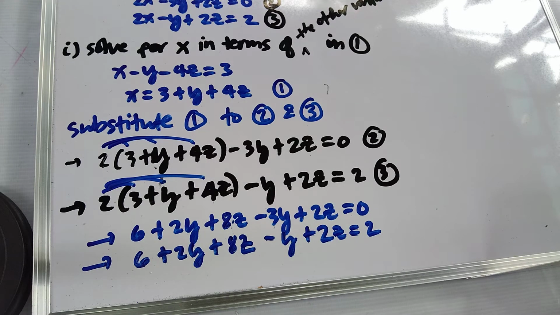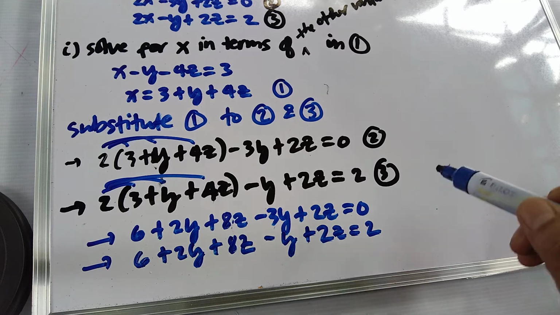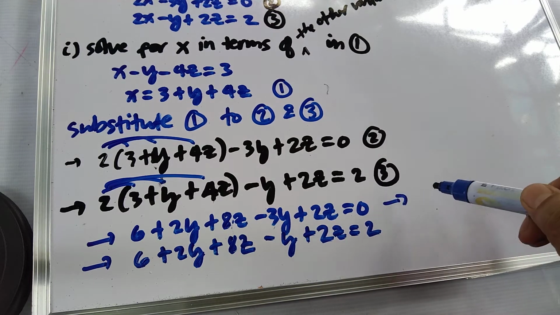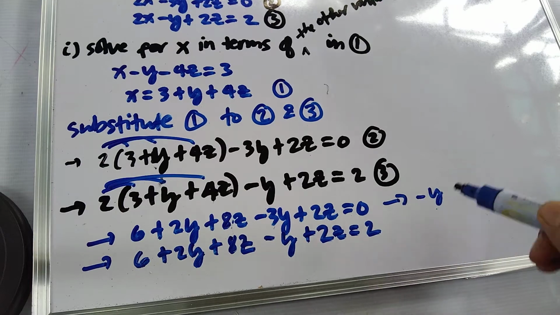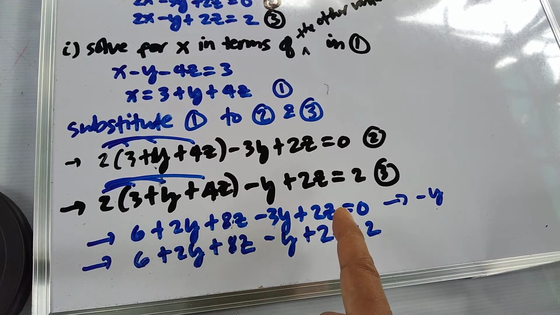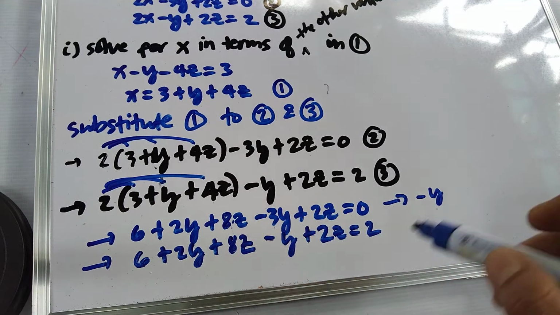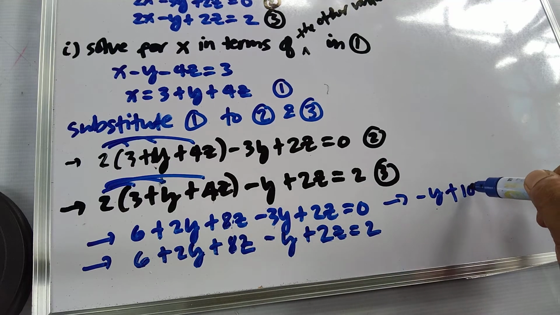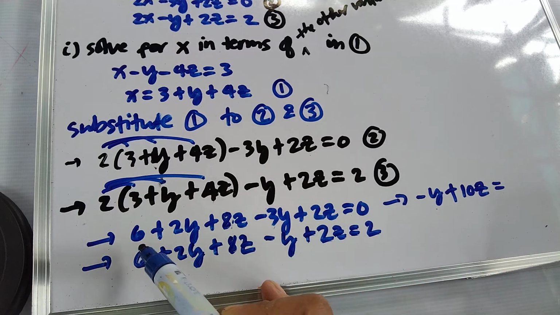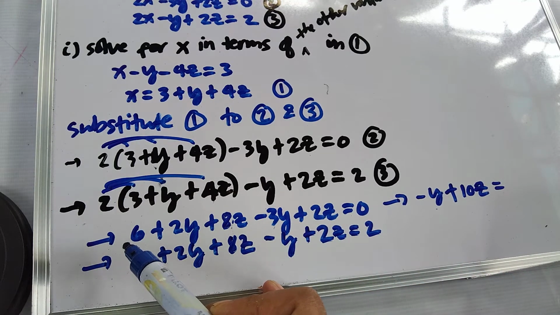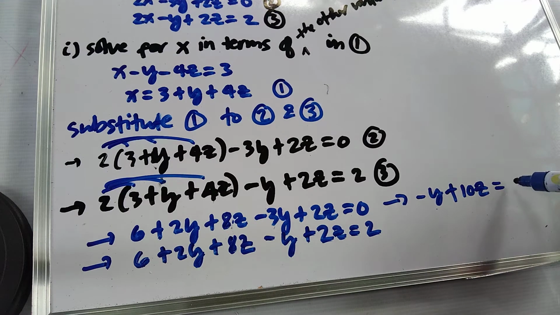Are we correct? We just simply distribute 2. So what will happen here? You combine 2y minus 3y, so that is negative y. 8z plus 2z, you have plus 10z. Then is equal to 0. There is a constant 6, so we transpose that to the right side. That becomes negative 6. Correct?